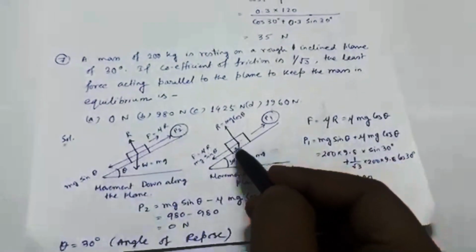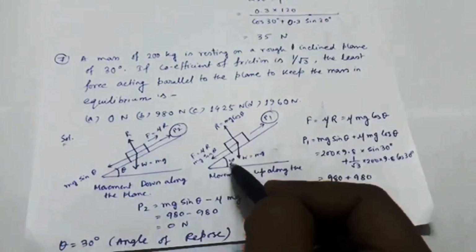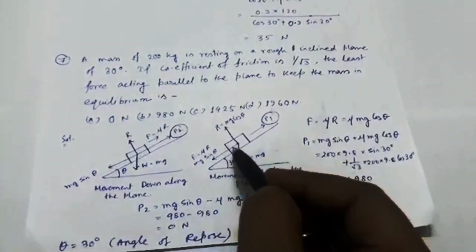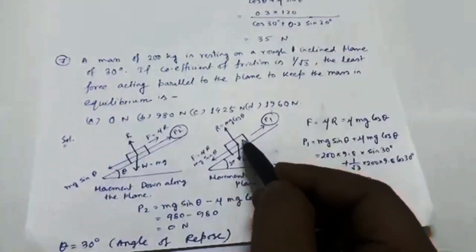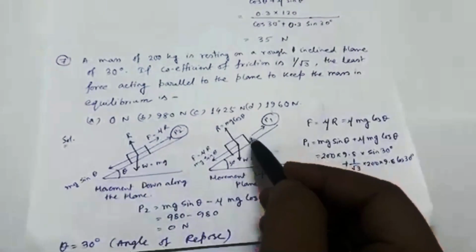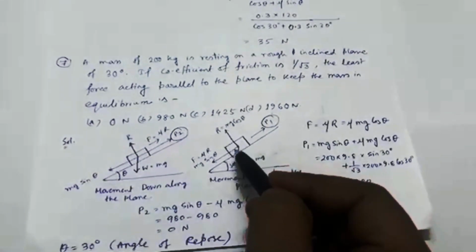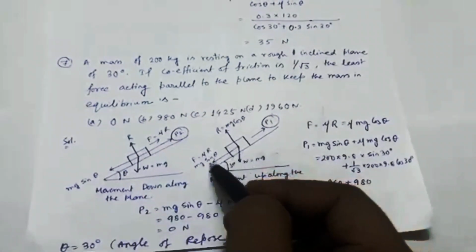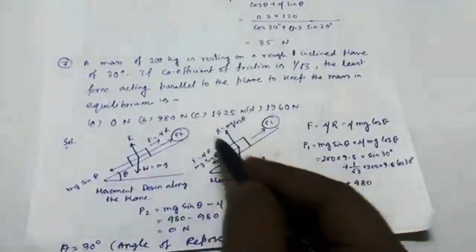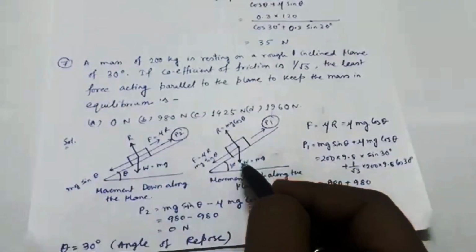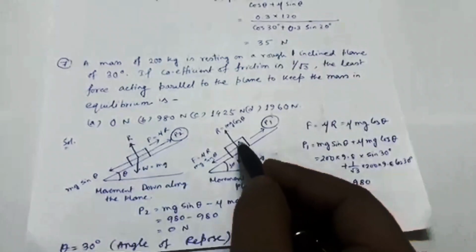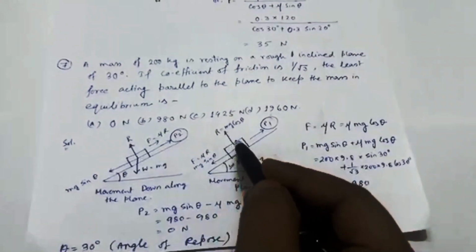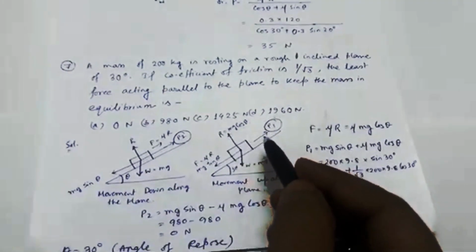If at a 30 degree angle we try to lift up the body, then the frictional force is generated in this direction, and W acts downwards, and this is the normal reaction, equal to mg cos theta.